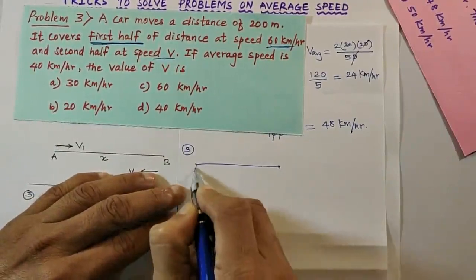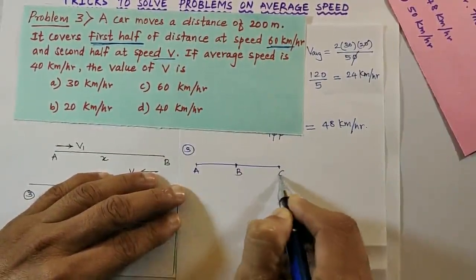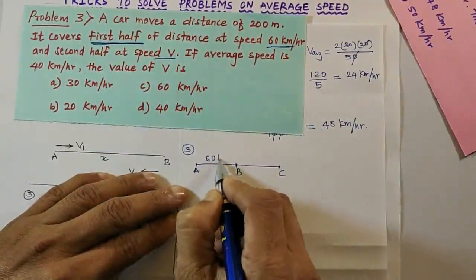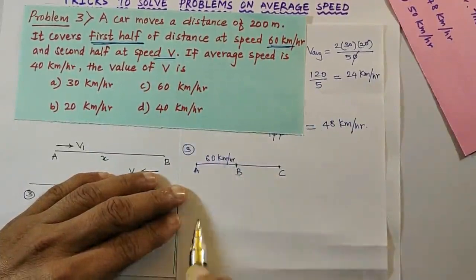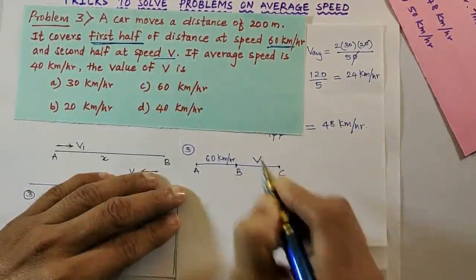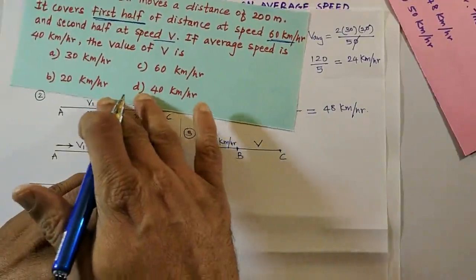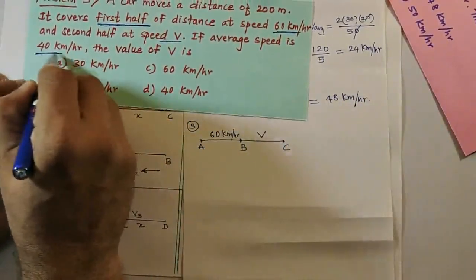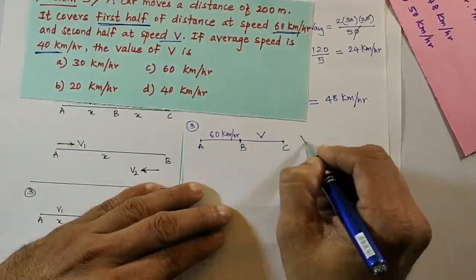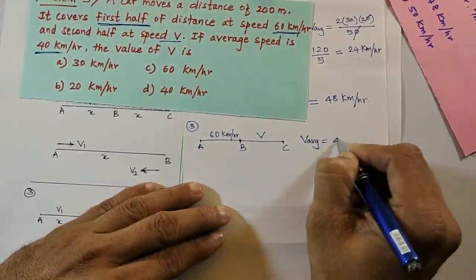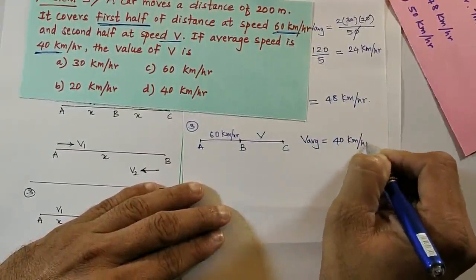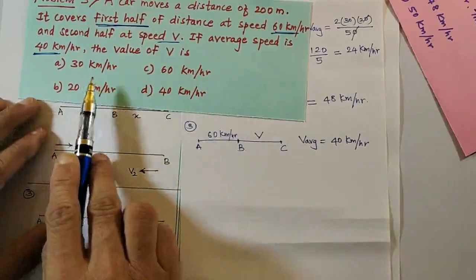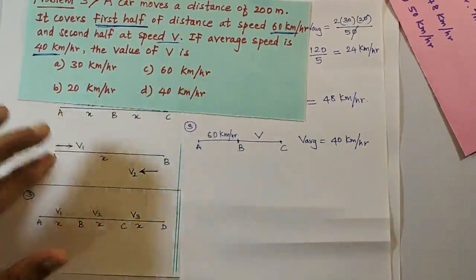So A to B, B to C. First half he covers with 60 kilometers per hour. Remaining half is going with speed V. Average speed he has given. Here he has given average speed is 40 kilometers per hour. Means he has given V average 40 kilometers per hour. You are required to find value of V.